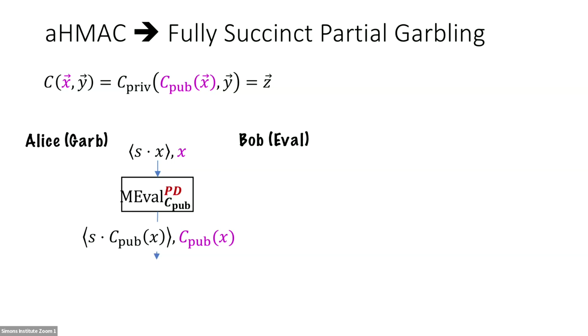How so? Well, basically, we can use AHMAC to evaluate the public computation, right? They can start with the authentic share for X and X known to the evaluator to authenticate share of the public computation output with Bob knowing the output of the public computation. And at this point, they just basically want to do the final private evaluation with private input Y. How do we do that?